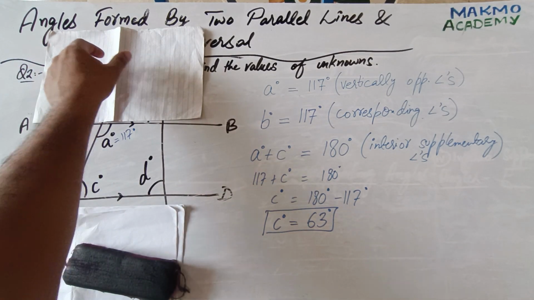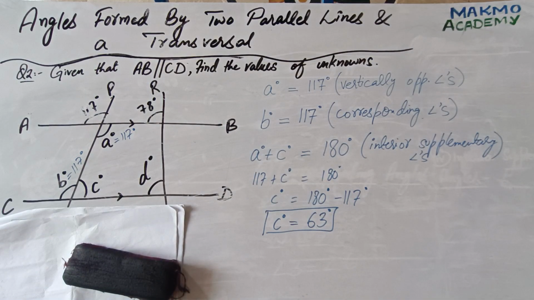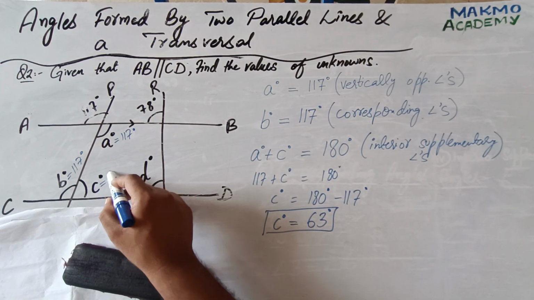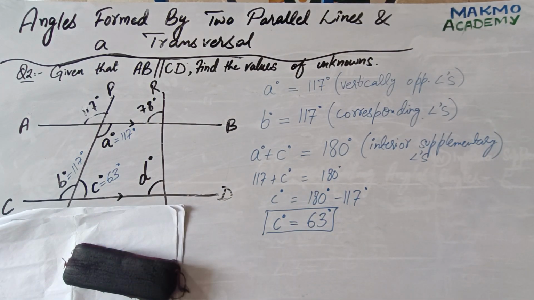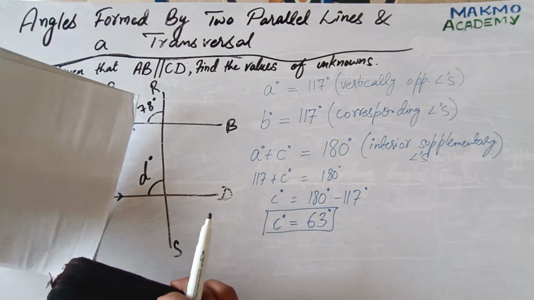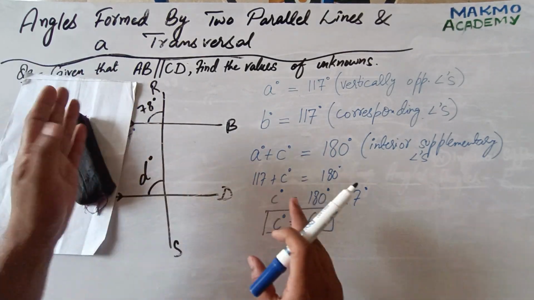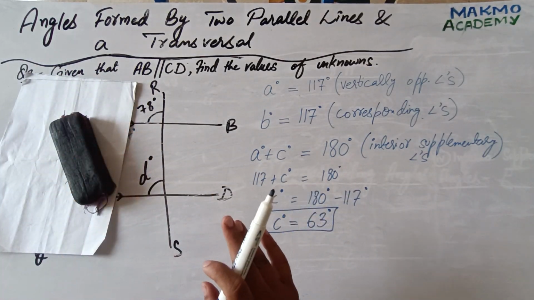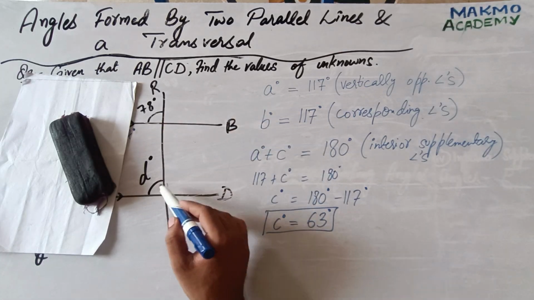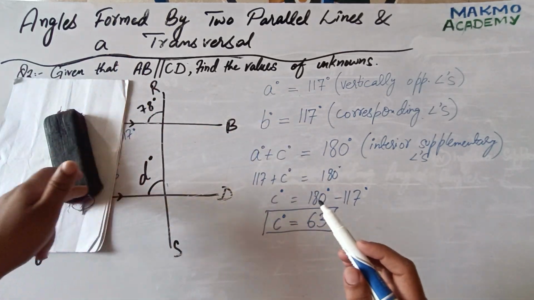I hope you have understood how to find the size of the unknown angle C, which is equal to 63 degrees. Now, as I instructed you in the beginning of the video, consider this half as another complete question. Now can you see an inverted F like this?